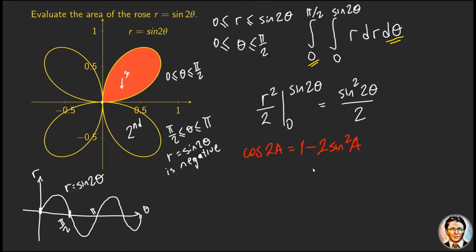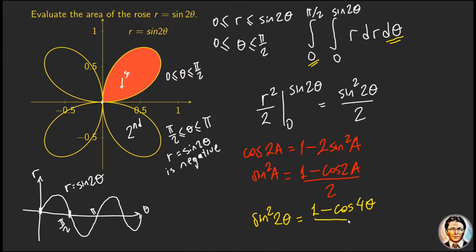So instead of sin² a, you may write sin² a is equal to (1 − cos 2a)/2. So for this specific case, we will have sin² 2θ equal to (1 − cos 4θ)/2.